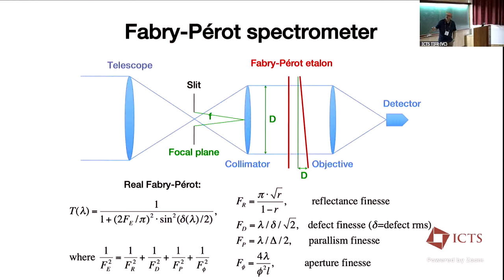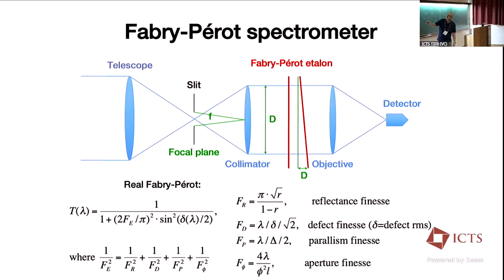And the reflectivity finesse, the natural finesse, is one of them, but there is also a defect finesse here, which is basically a measure of the quality of the surface. Then look at the non-parallelism, the parallelism finesse.